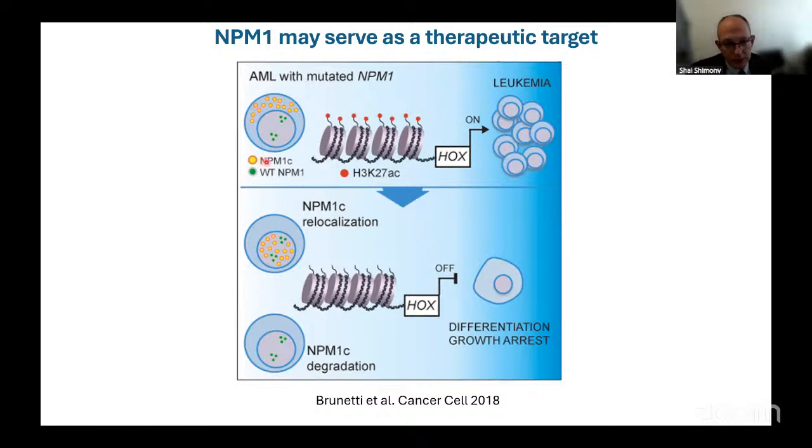There were some experiments that showed that if we can reverse this and get the NPM1 back into the nucleus, or stop the process that is caused by this shift of the NPM1, we may reverse leukemia.